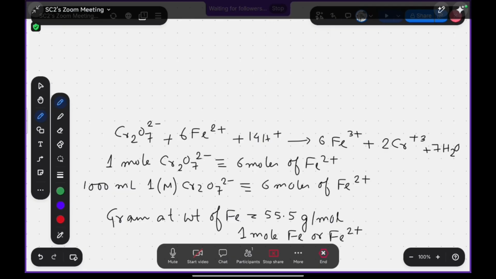Does the charge affect the molar mass? It doesn't. Fe and Fe2 plus, even Fe3 plus, will have the same weight.